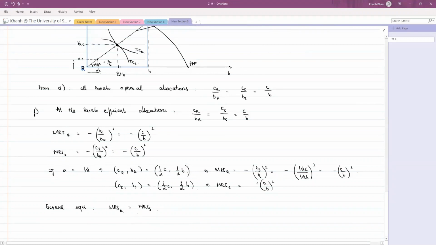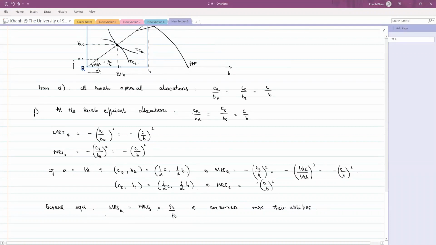And for the production side, it has to be the case that all the firms are maximizing their profits from producing, and so it has to be the case that it is equal to the price of B over the price of C. Okay, so that is for the consumer side, where the consumers are trying to maximize their utility.